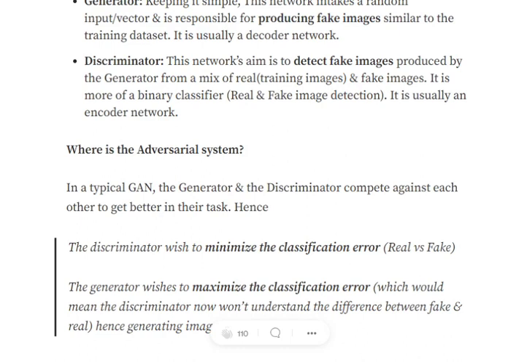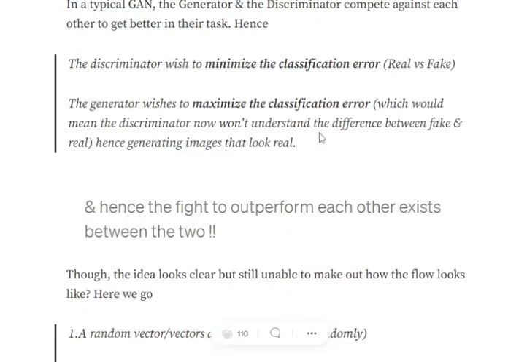And the generator wishes to maximize the classification error, the same error that the discriminator is trying to minimize. This is because we are generating fake images, and the generator wishes that the discriminator is not able to detect whether the image provided by the generator is fake or not. So that is why the word adversarial comes into the picture: both discriminator and generator have completely opposite motives in this training.